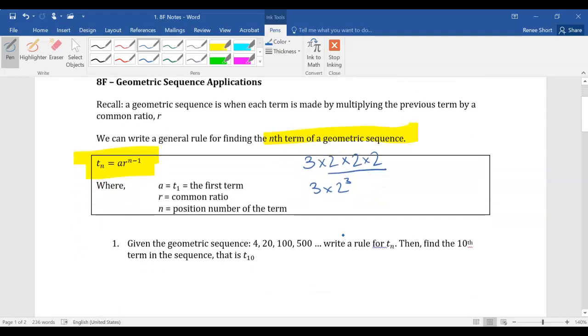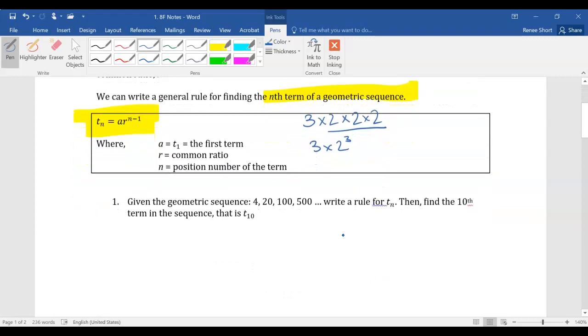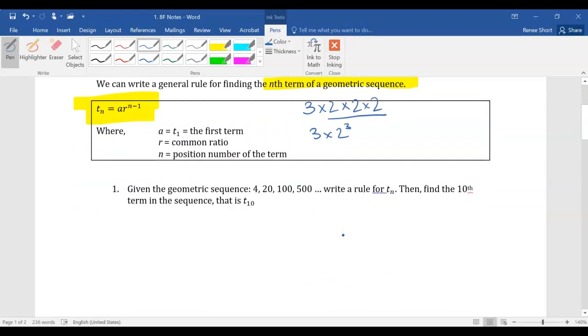So if we have a look at question 1, it says that given the geometric sequence 4, 20, 100, 500, write a rule for Tn and then find the 10th term in that sequence. You might be able to see the pattern: 4 times 5 gets us 20, times 5 gets us 100, times 5 gets us 500.